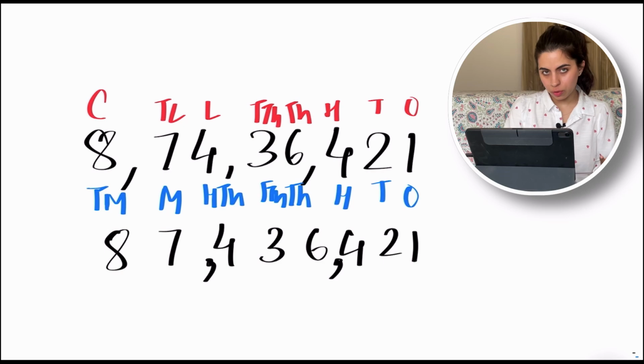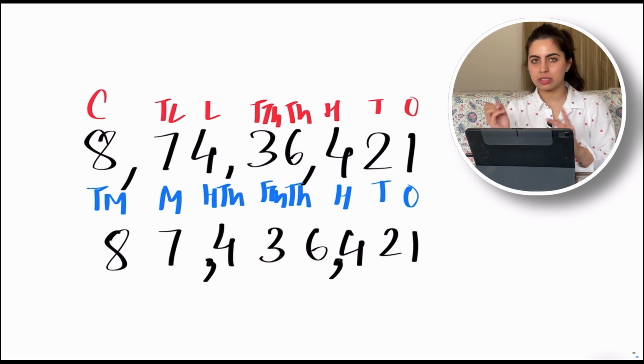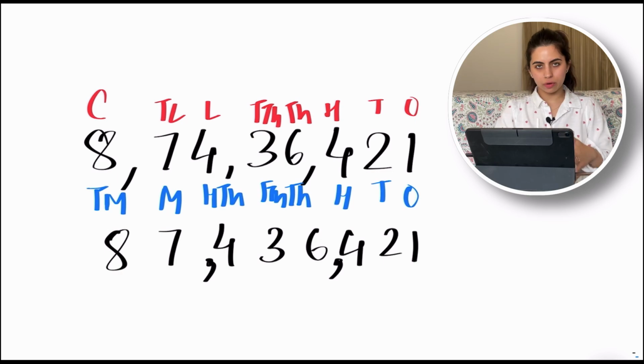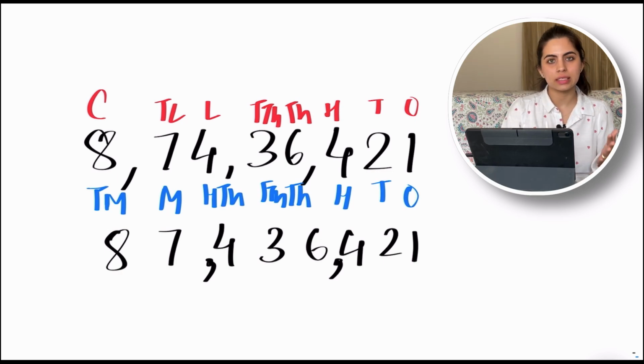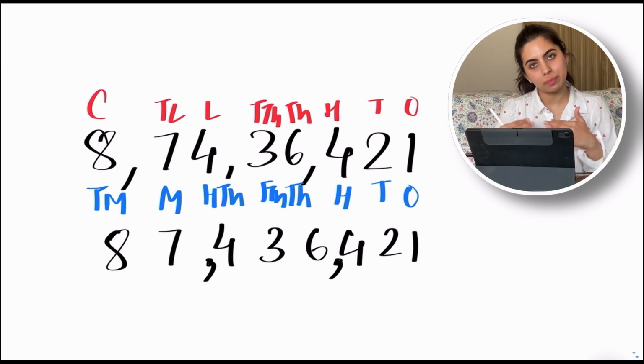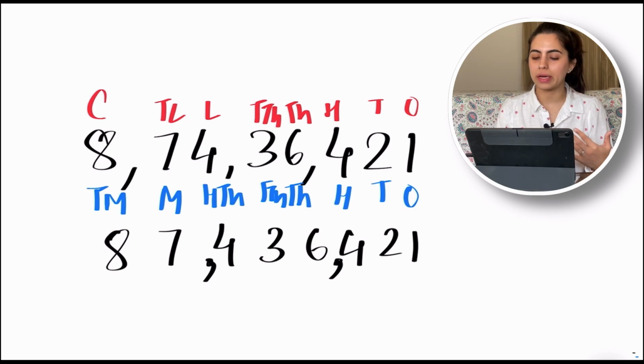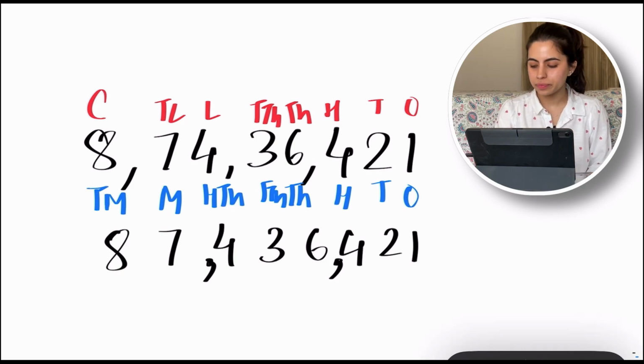So the number is around 8 crore, which is equal to 80-something million. That's how you compare. So 8 crore 74 lakh 36,421 is equal to 87,436,421. That's how we compare.